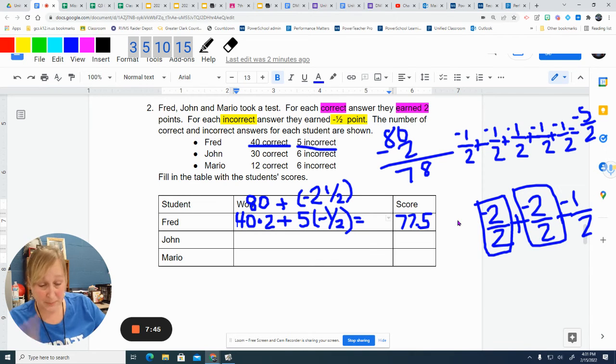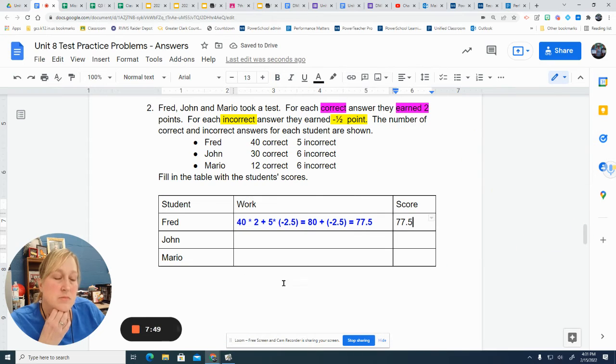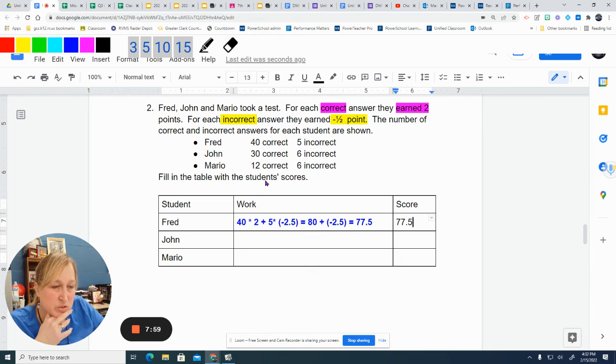All right, I'm going to pause and type that in so that I have room to write. Okay, I think the rest of them are a little bit easier because these are even numbers. Thank goodness. So let's continue. We're going to work with John.